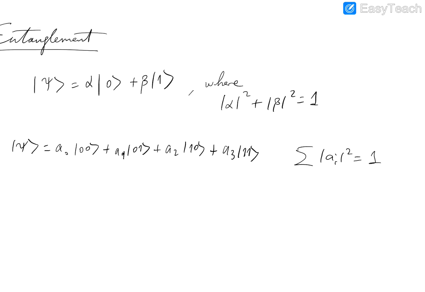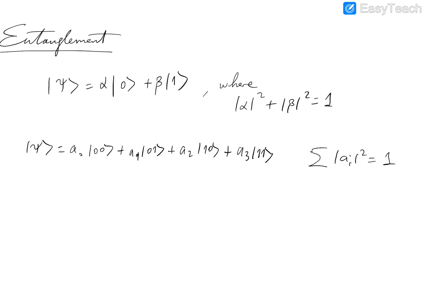So the probability to see psi in state, for example, 00 is modulus squared A0. Okay, so now what if we measure the first qubit? Just the first qubit. This is in fact called a partial measurement.